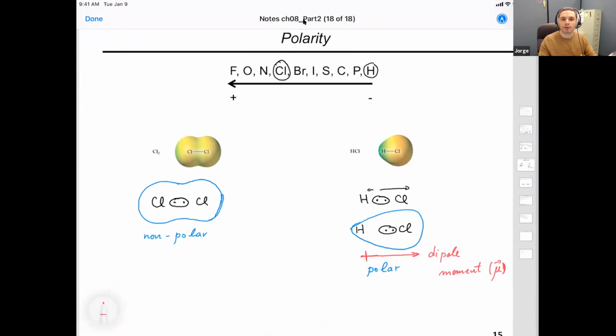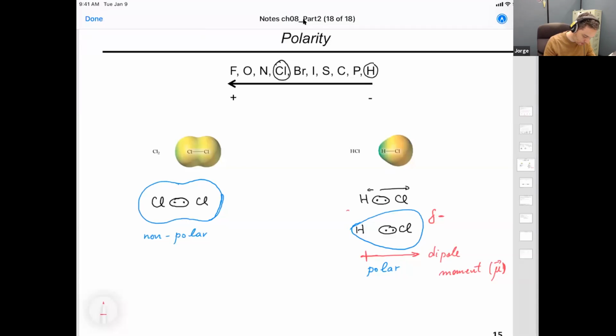And you can use symbols to indicate the atom that has high density and the atom that has low density. The density of electrons is going to be represented by delta. If we have a high density of electrons, that means we have excess of negative charges, therefore a delta minus.